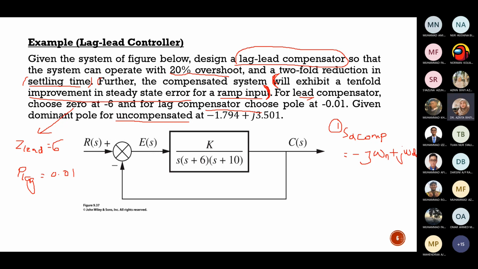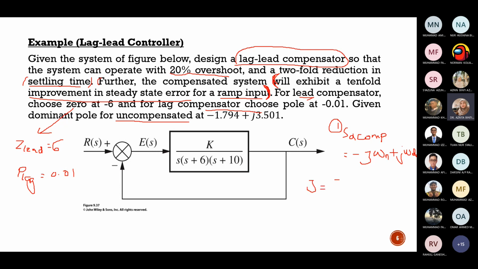Okay. So we will find the ST compensated: minus zeta omega n plus j omega D. We need to find zeta omega n and also omega D. Given here is 20% overshoot, so from the 20% overshoot we can evaluate the value of zeta.